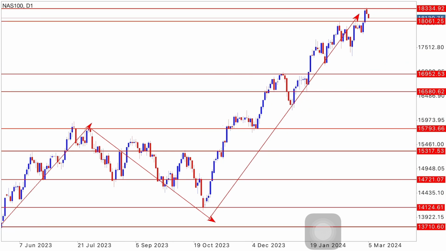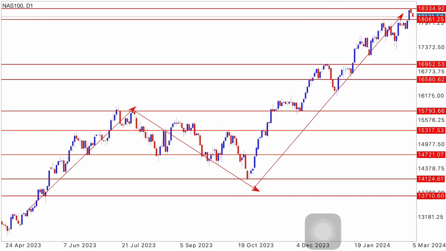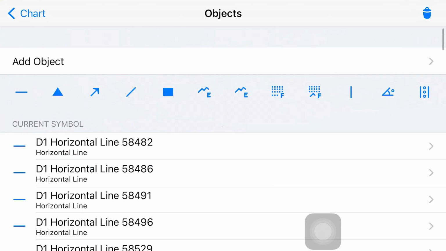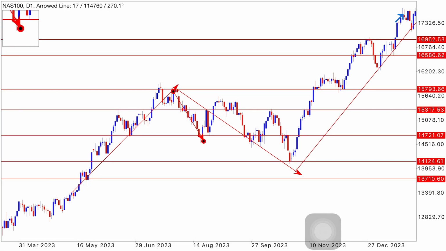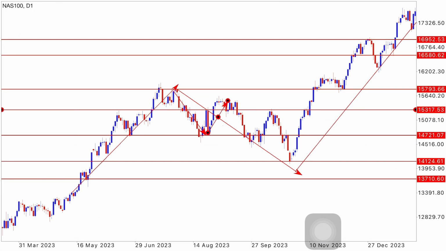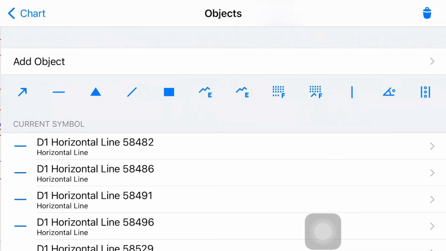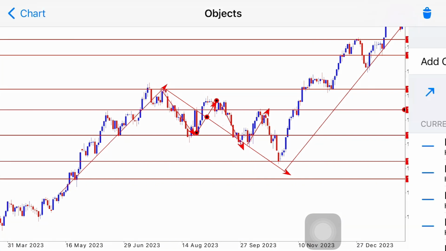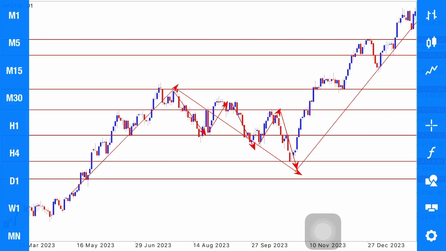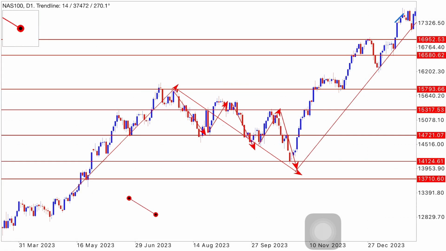I can see here that on the previous market structure we had a bit of a retest at this point here before shooting to the upside, creating another retest before going to the downside, creating a bit of a retest again before going to the downside. So we can see that Nasdaq is behaving in this type of formation here.